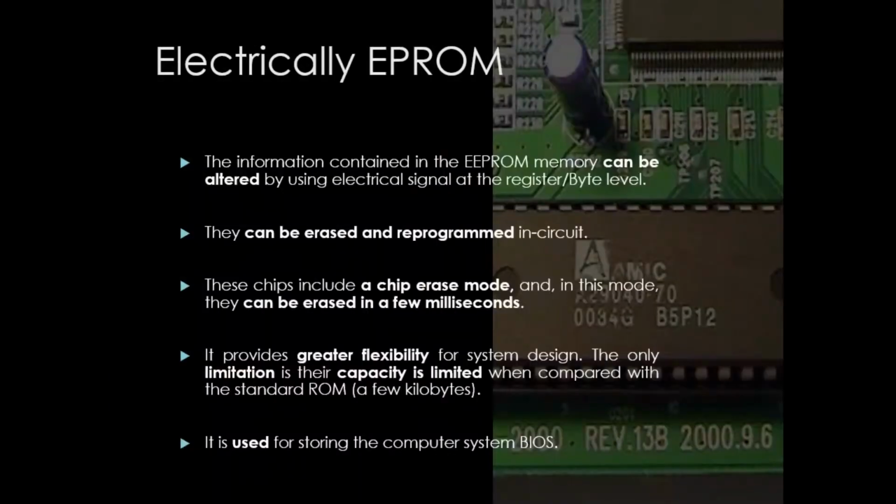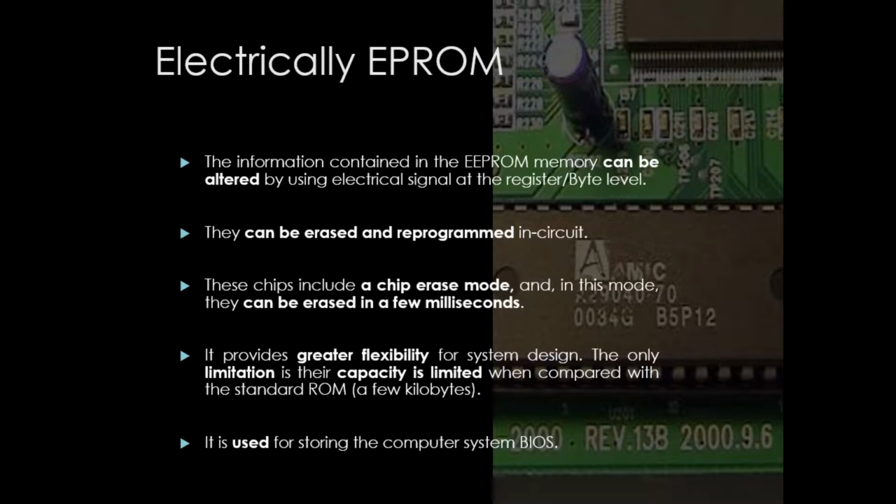they have developed the next type of PROM. It's known as the more advanced electrically erasable programmable read-only memory. So as the name indicates, the information contained in EEPROM memory can be altered using electrical signals at register level or byte level. So they can be programmed or erased in the circuit itself.